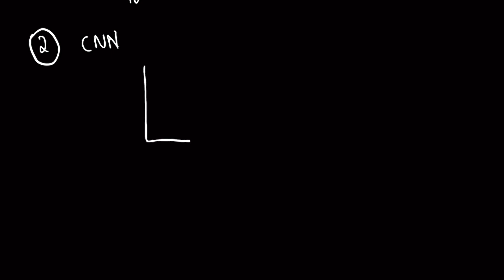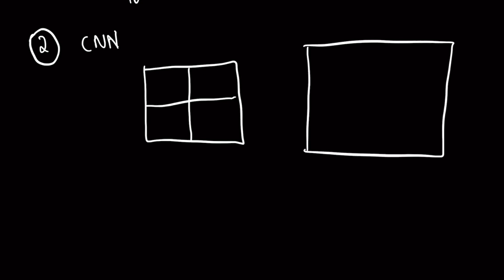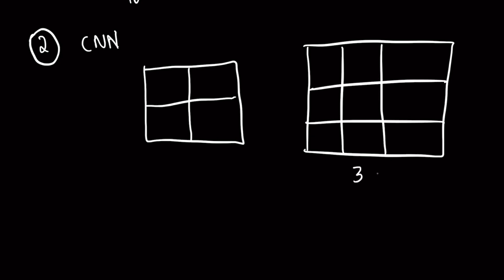Now let me just draw it over here for now, an image of shape 3 by 3 for simplicity. So this is an image 3 by 3. Assume there's an image drawn over there.